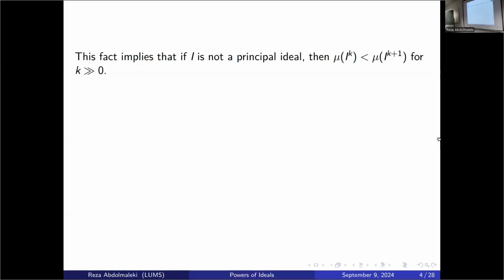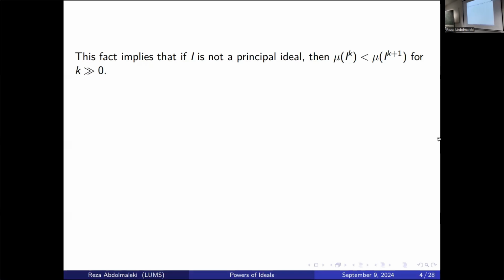Why? Because this is a polynomial with a positive leading coefficient, and for large enough k this gives us this condition, which is strictly increasing.